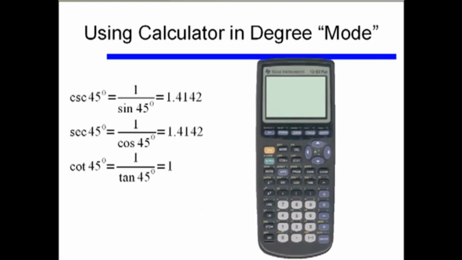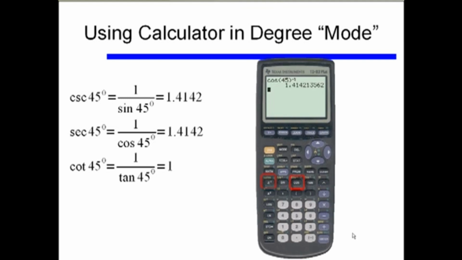So I showed how to find the cosecant of an angle. Cosecant is equal to 1 over the sine of an angle. The secant and cotangent are found the same way. The secant of 45 degrees is equal to the reciprocal of cosine of 45 degrees, so cosine of 45 degrees, and parentheses, and we'll use the reciprocal button, and enter.